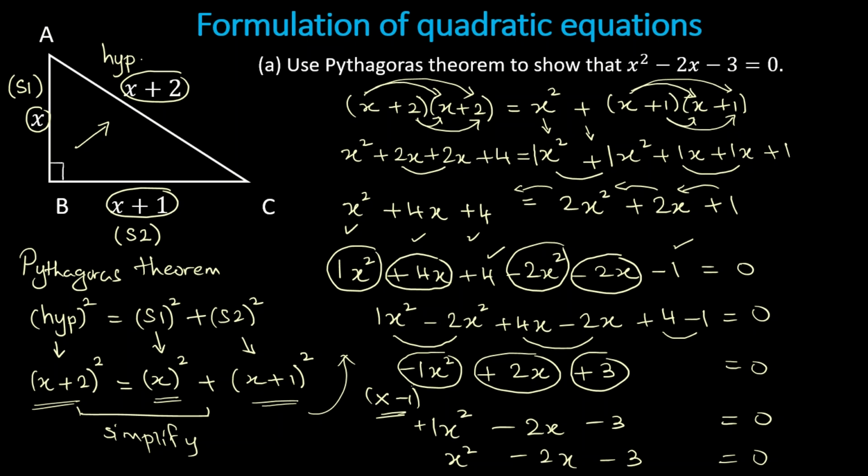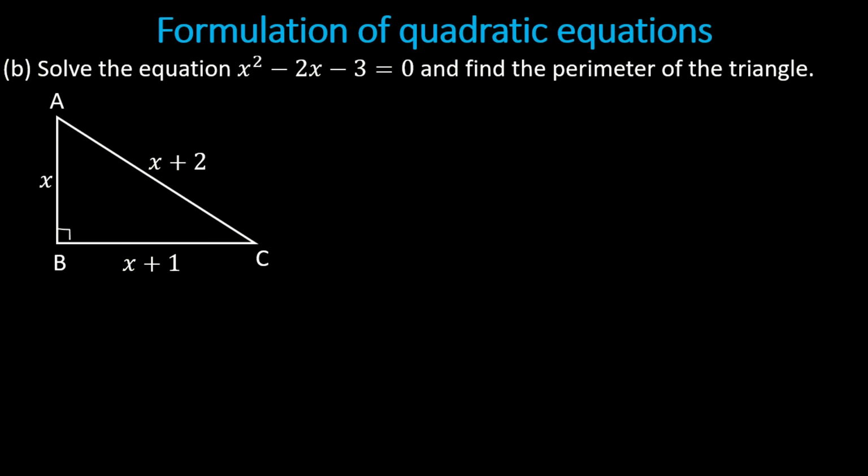And the second part was to solve the equation x squared minus 2x minus 3 equal to 0. So let's solve the equation x squared minus 2x minus 3 equals 0.